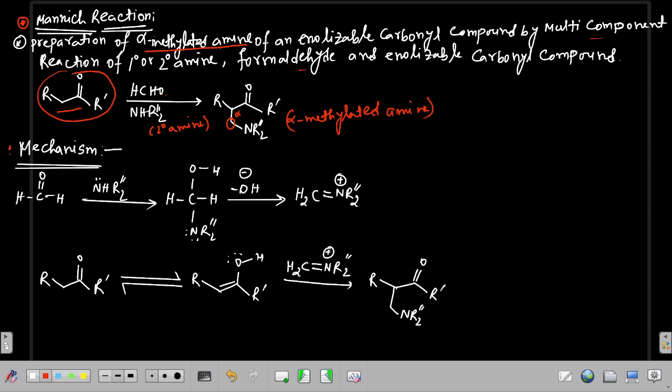This lone pair of the amine will attack the aldehyde, and it leads to the delocalization of this bond to this O, and it leads to the formation of CH2O minus and NHR2 plus. Now this O minus will take this H plus, and this bond will break, and it leads to the formation of this intermediate.